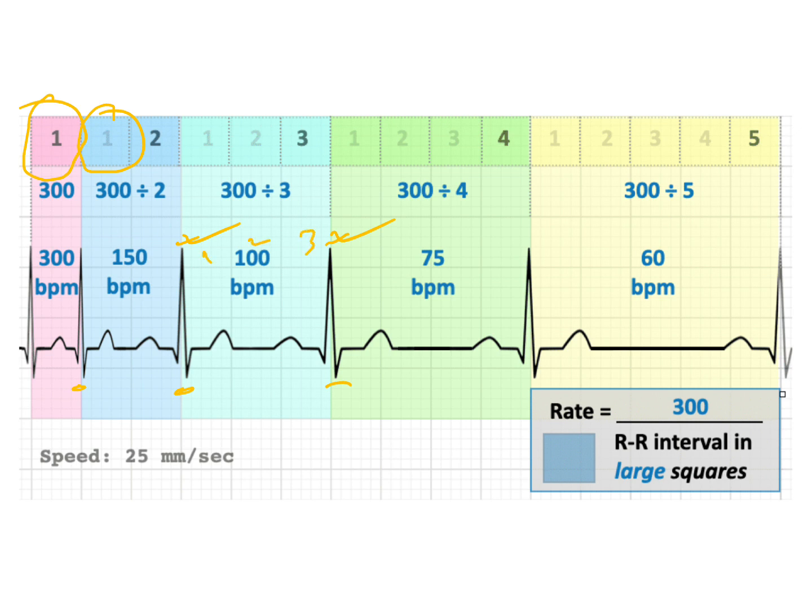This is 1, 2 and 3. Okay. In this ECG, the RR interval, means R wave to R wave, has 3 large scale, and similarly here it contains 1, 2, 3, 4 large scale, and here it contains 1, 2, 3, 4, 5 large scale between 2 R waves.